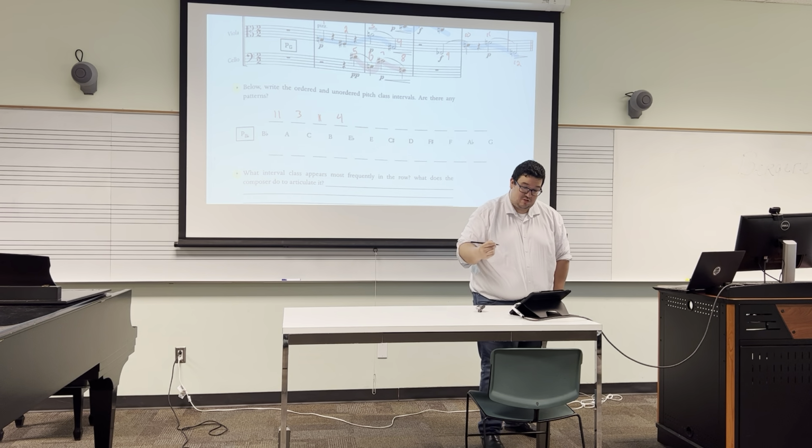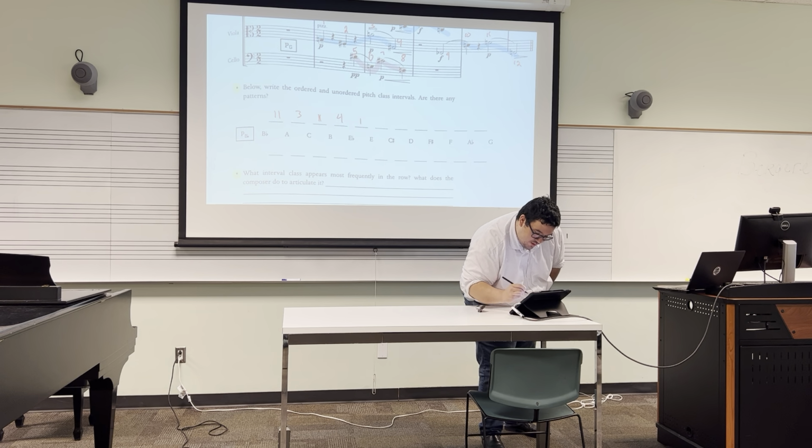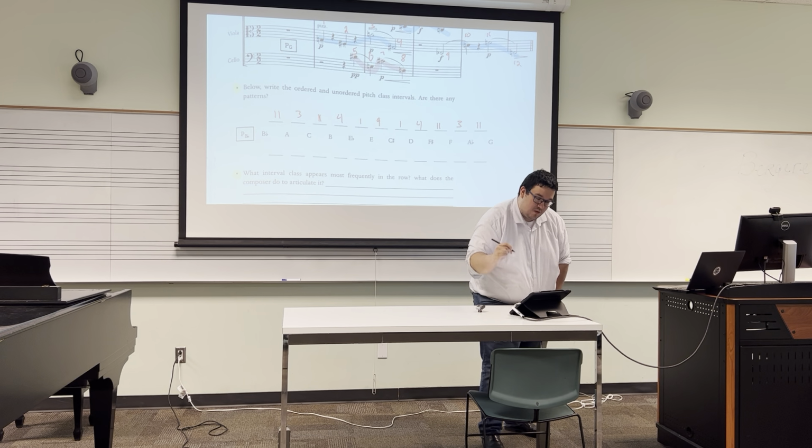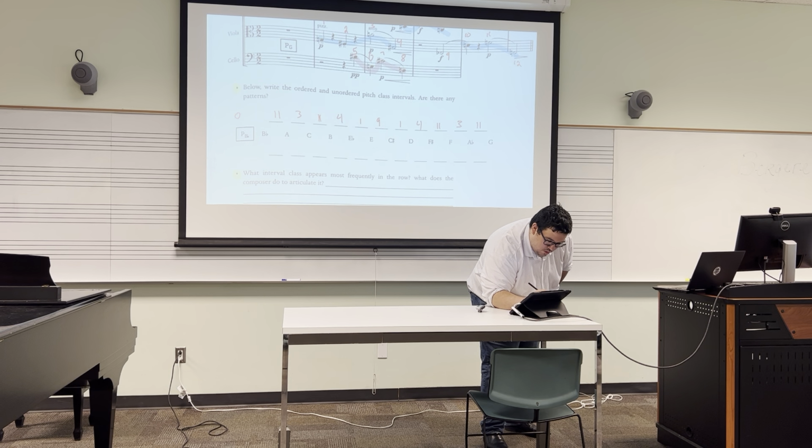E flat to E natural, 1. E to C sharp, 9, right? C sharp to D, D to F sharp, 4, F sharp to F, 11, F to A flat to G, 11. Those are the ordered pitch class intervals.